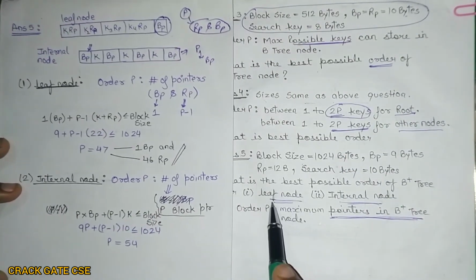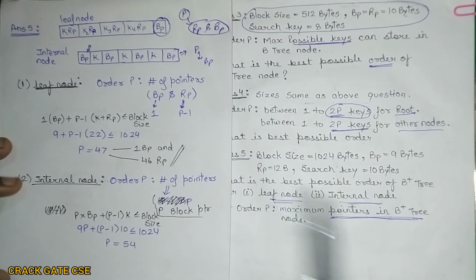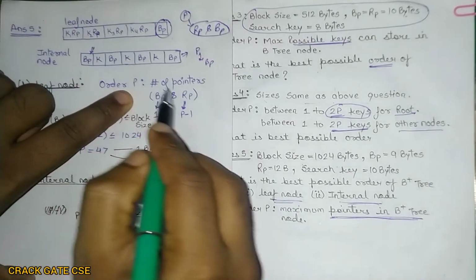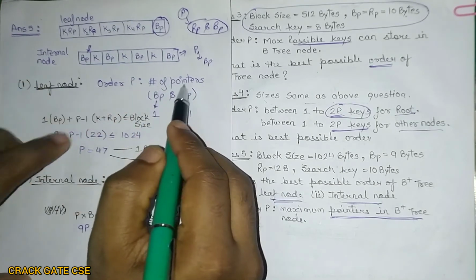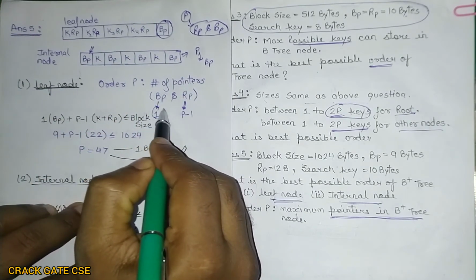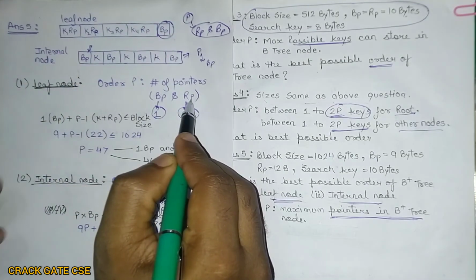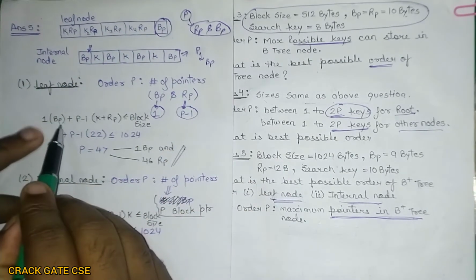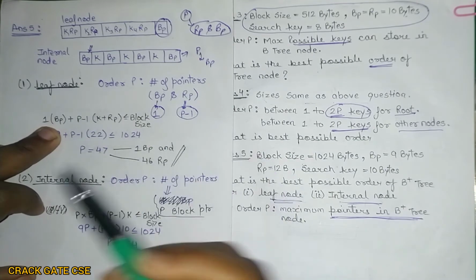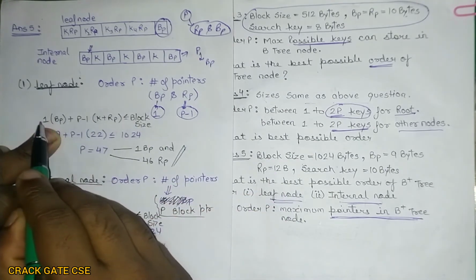So first of all, we need to find for the leaf node. For the leaf node, order is p, that means the number of pointers. So how many pointers can be there? One block pointer can be there, and p minus 1 record pointers can be there, right? Now we are using the same formula, we are just modifying. How many block pointers can be there? 1.